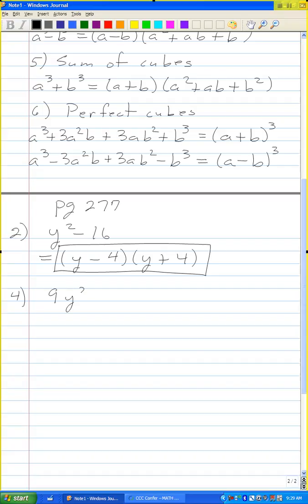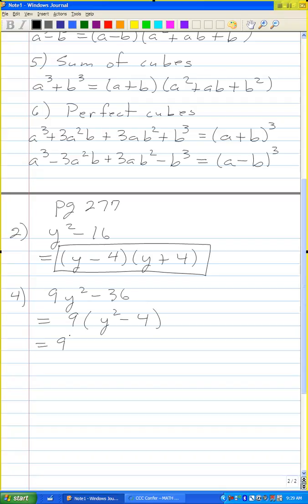9y squared minus 36. So first, before you factor, let's check to see if there are any terms in common. In this case, it turns out that there is a 9 in common. And so the least common factor of all the terms is 9. What remains after I factor out a 9 is y squared minus 4.